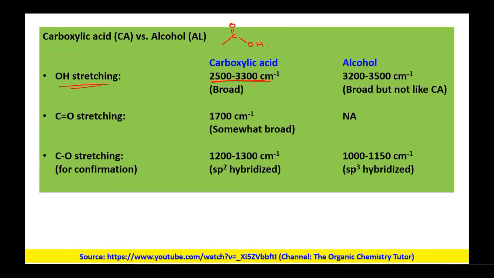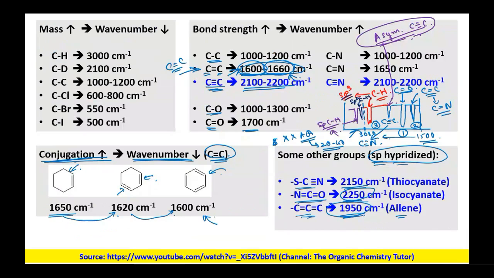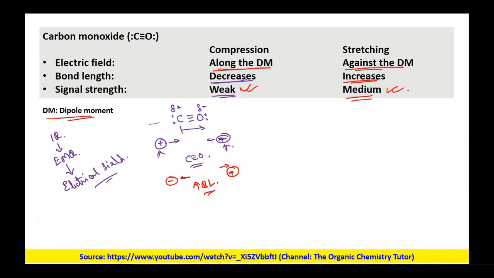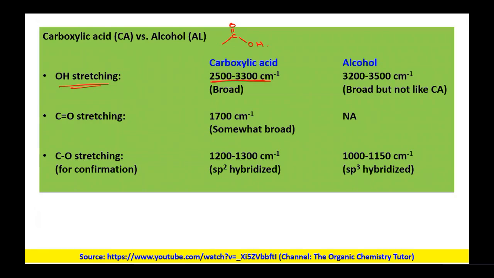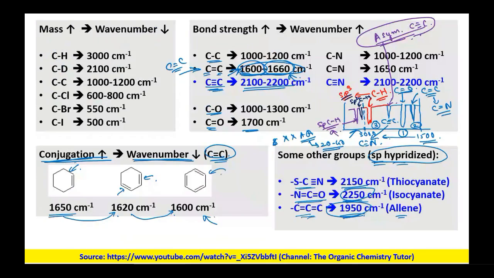So let's go over here, 3300 to 2500. Down from here, you will be getting a peak at 2500 like this.